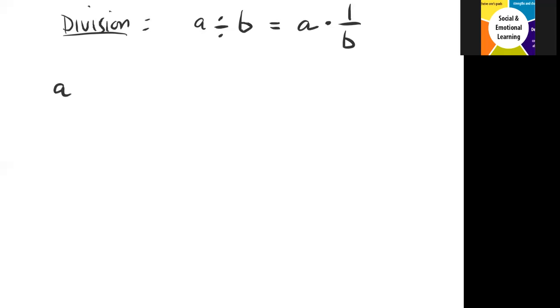Because A divided by B, I should write that as A over B, right? We're used to saying that.